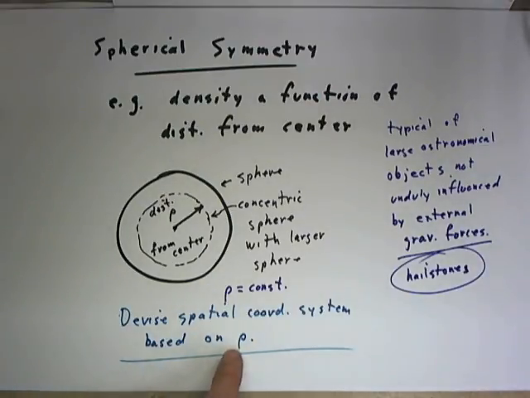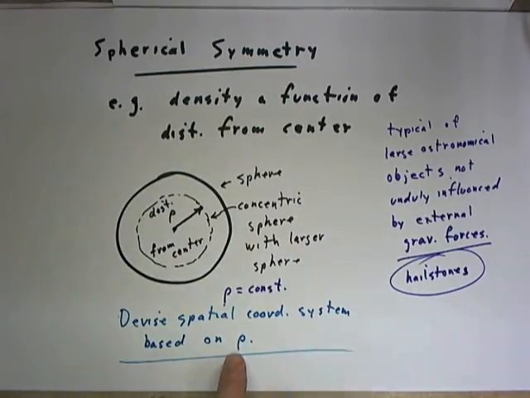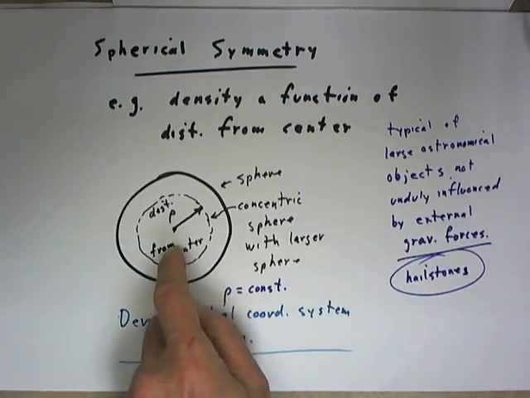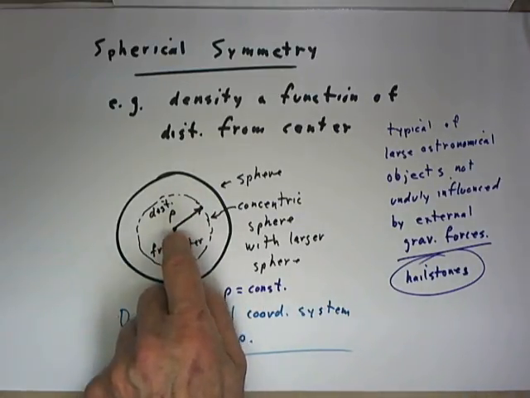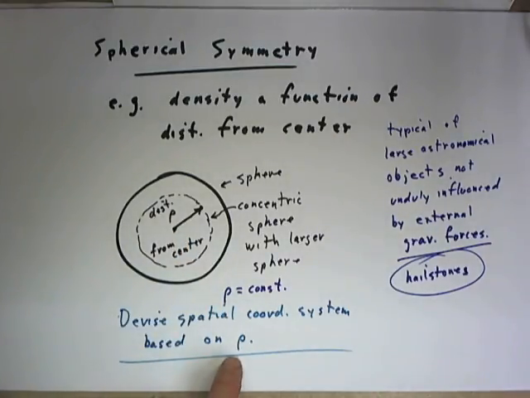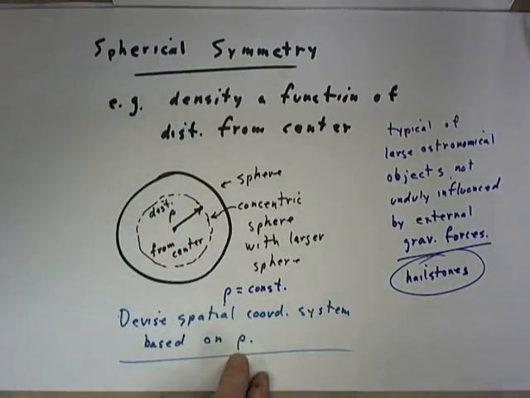Now we need more than just distance from the center to specify a point. So the question is, how do we specify a point in a system where rho is one of the coordinates? Rho being, again, the distance from what we're going to regard as a central point and what is going to be identified with our origin.